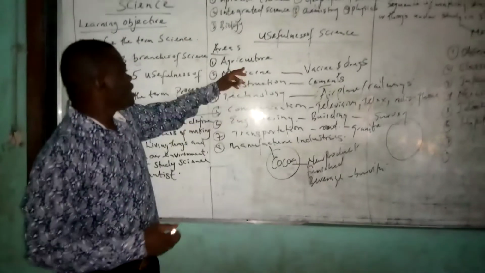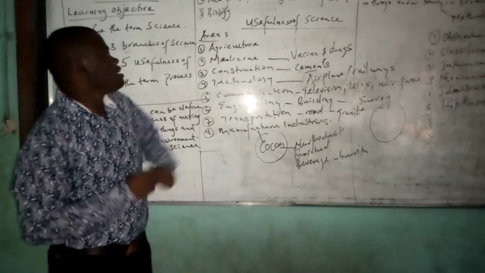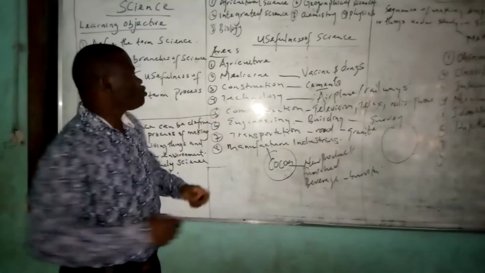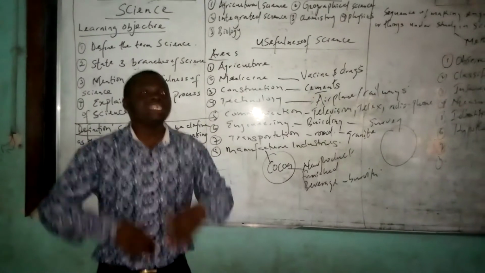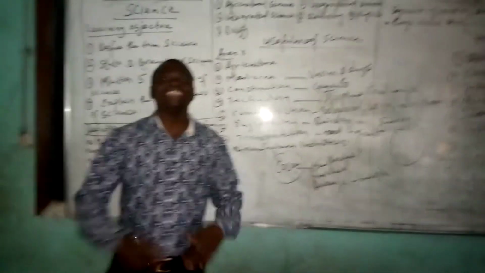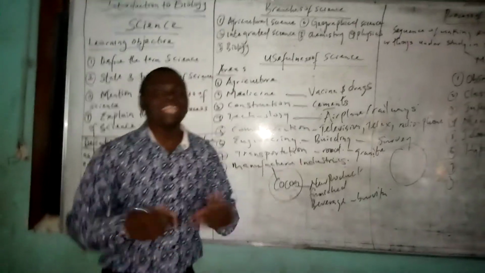Like in agriculture, for example, in the olden days, our forefathers would farm and they would be yielding their crops in low quantities. Pests and disease would be affecting their crops and livestock.